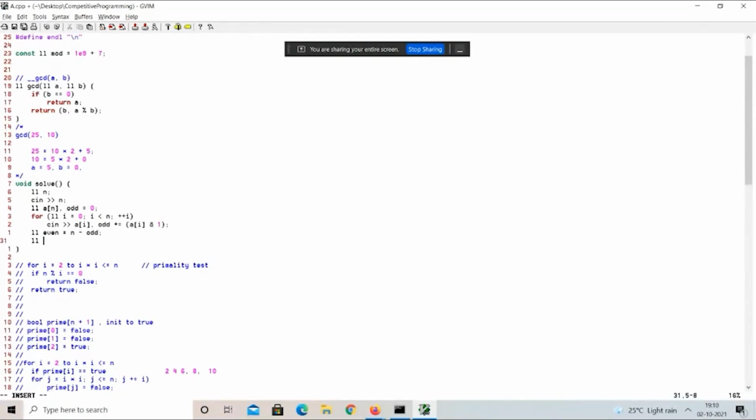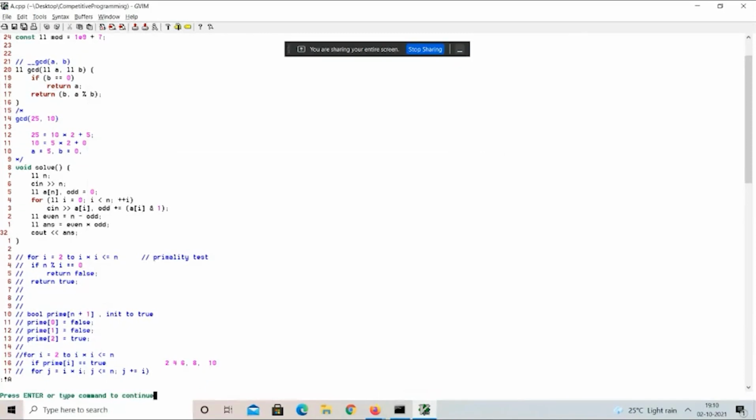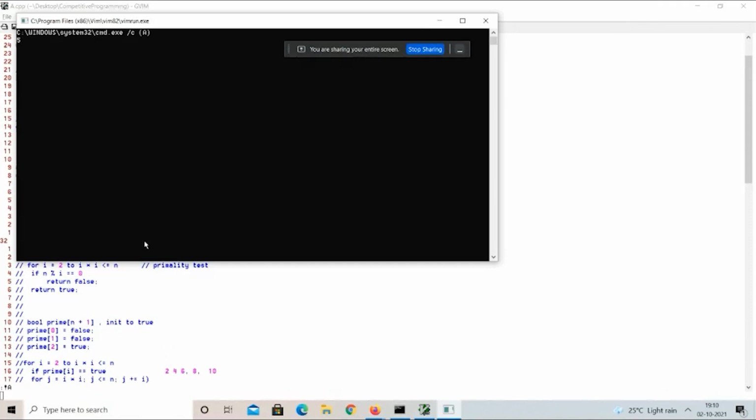So choosing one out of the even integers is nC1, that is n itself. So the number of ways of choosing an even integer is even C1, times the number of ways of choosing an odd integer, odd C1. This is the answer. There are 6 pairs of integers that will give you an odd sum.